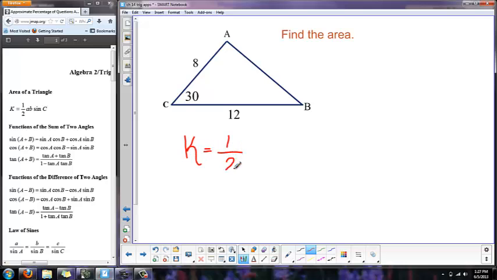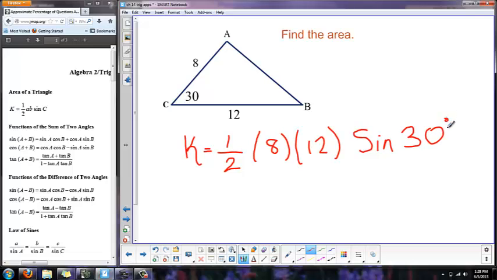So 1/2. A and B are both the legs of the triangle. So 8 times 12, sine of 30. Now, Miss Tompkins was saying to kids, everybody stop, think about this really quickly before you do it, because we know that sine of 30 is half, so this is really 1/2 of 8 is 4. 4 times 12 is 48. 48 times a half is 24.